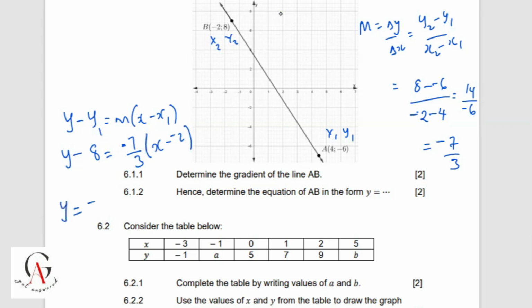Simplifying that, it's going to be negative 7 over 3x, that and that is going to give me negative 14 over 3. When I move this one that side, it's going to be a plus 8. So when I simplify the entire expression, I'll get negative 7 over 3x plus 10 over 3. So that is the equation that I'm getting.